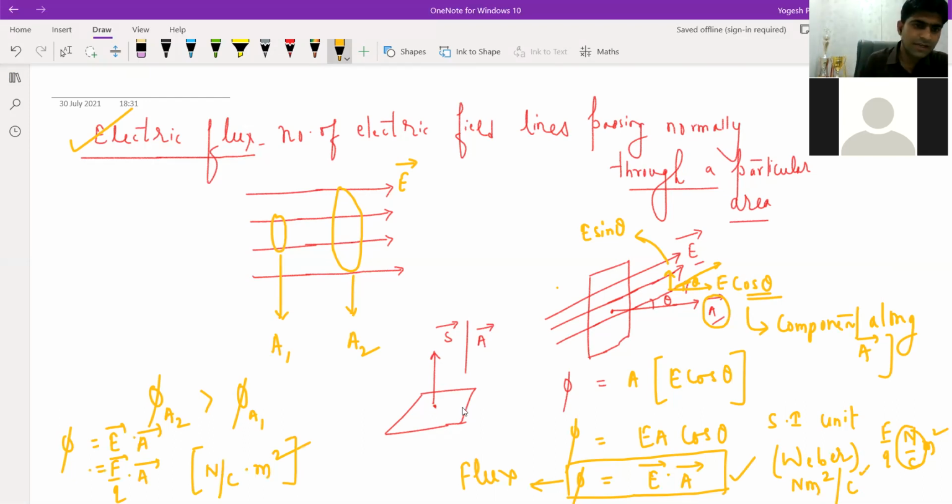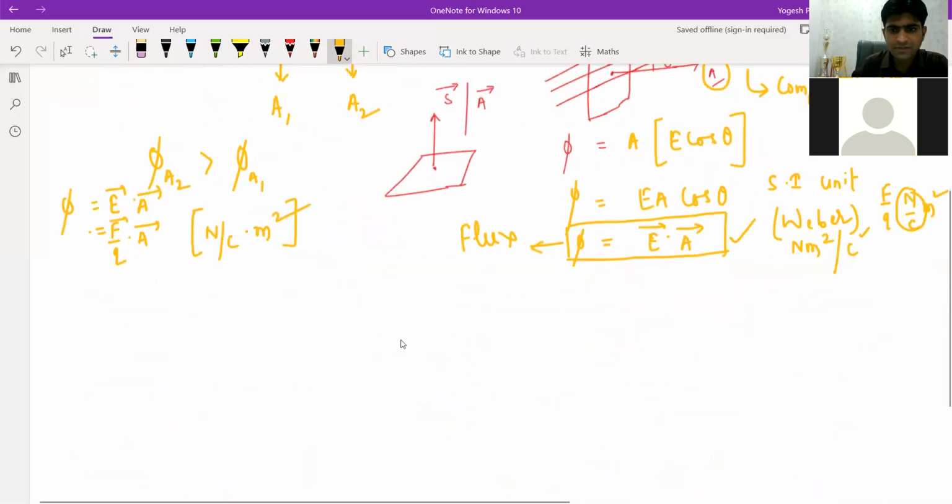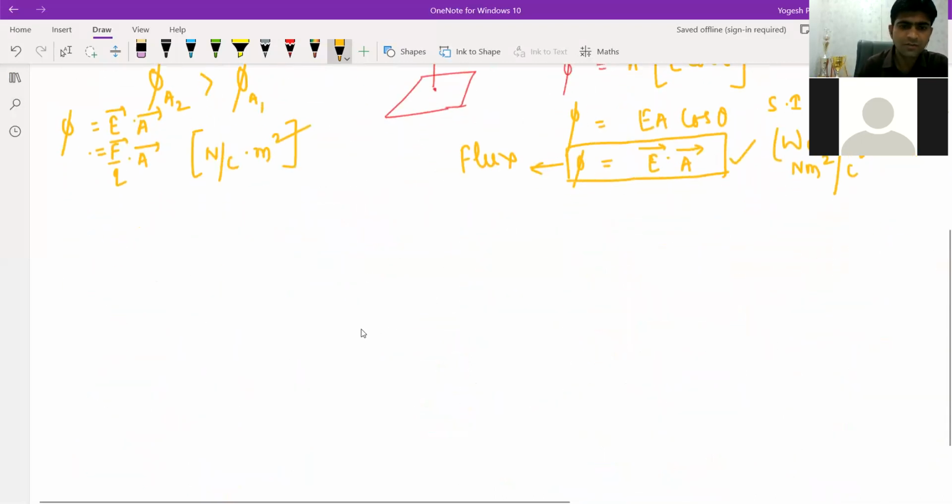In this only we can discuss strong field region and weak field region. What is a strong field region and what is a weak field region?